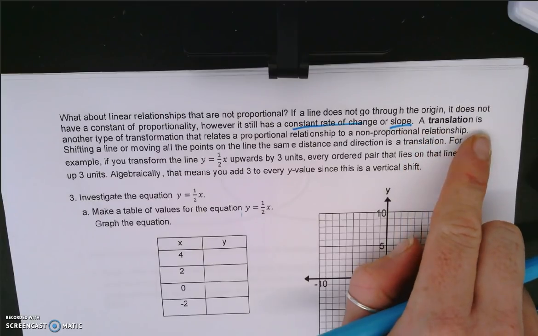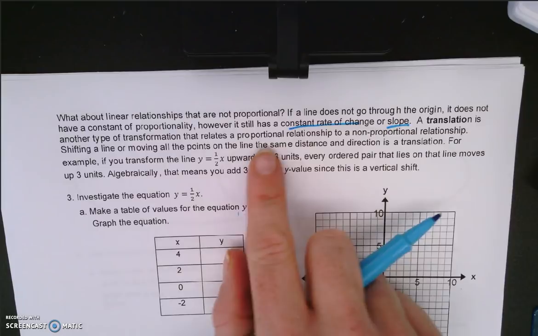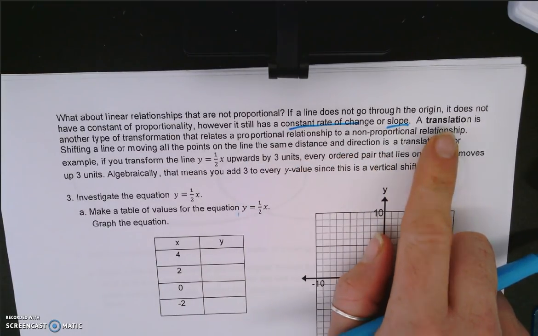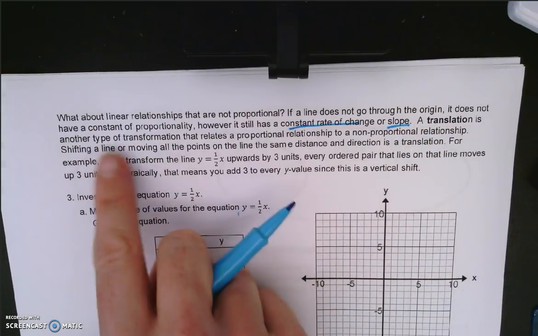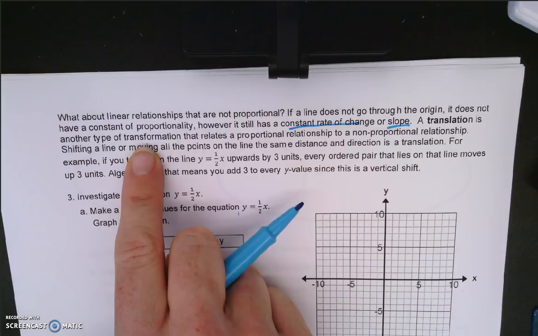A translation is another type of transformation that relates a proportional relationship to a non-proportional relationship. Remember the different types of transformation. The last transformation we talked about was a dilation, and a dilation changed the size of the shape but kept the shape the same.